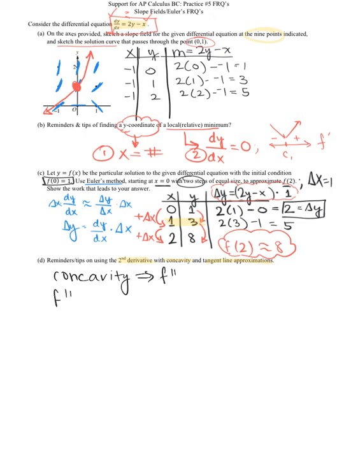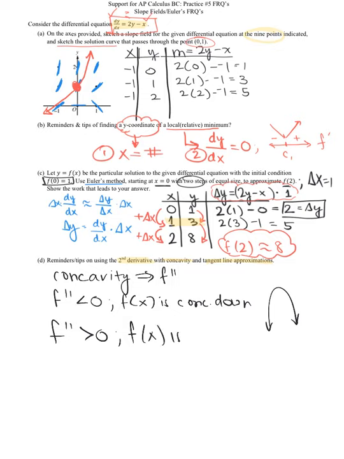If f double prime is negative, so less than 0, then your function f of x is concave down, and that looks like that. And if f double prime is greater than 0, then f of x is concave up, so it looks something like that, right?